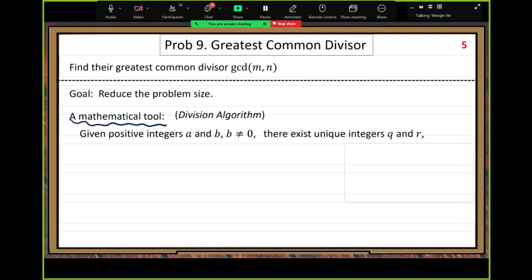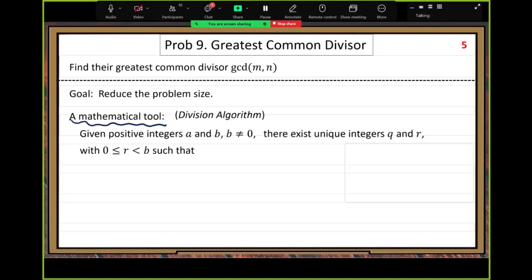There exist unique integers q and r, q for quotient, r for remainder, with r greater or equal to 0 and strictly less than b. Remainder should be strictly less than the divisor. Otherwise, we can change the quotient and reduce that remainder.